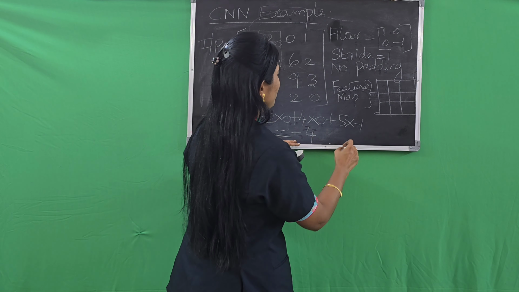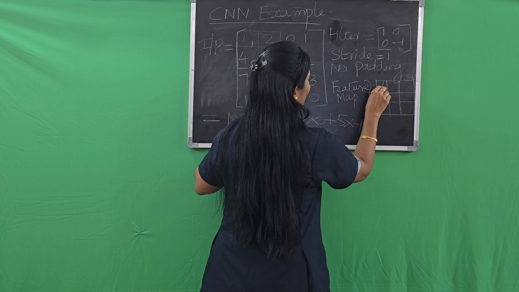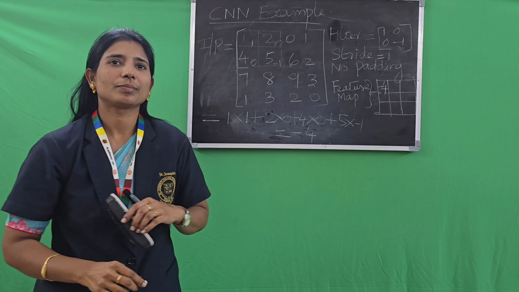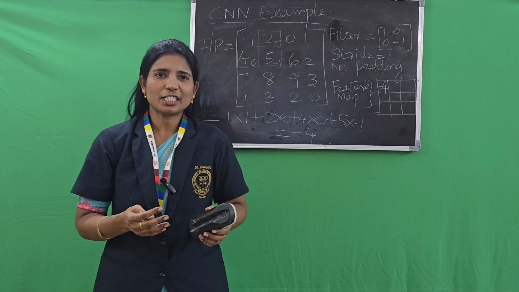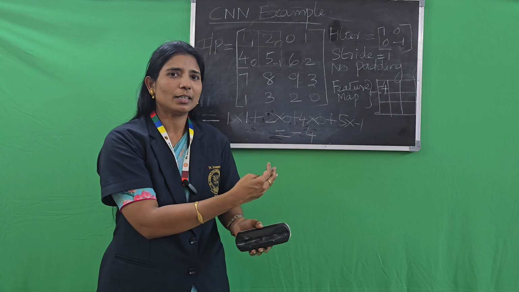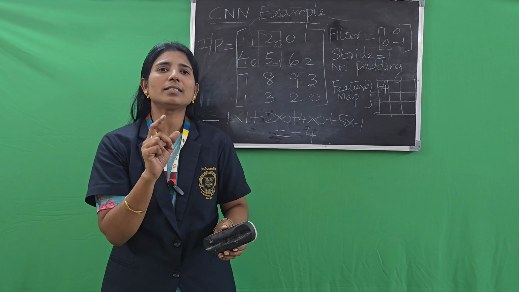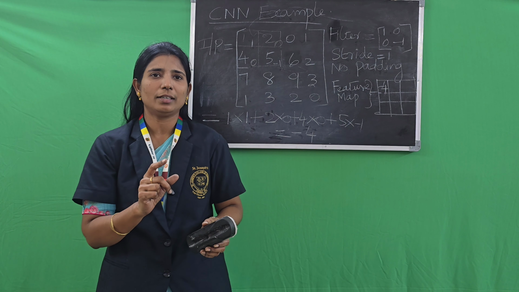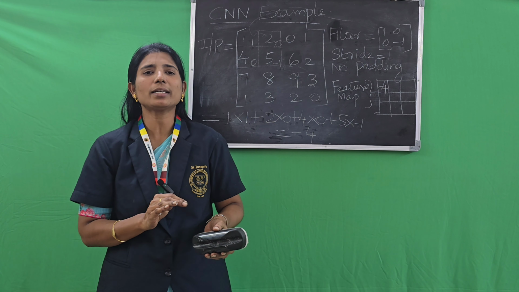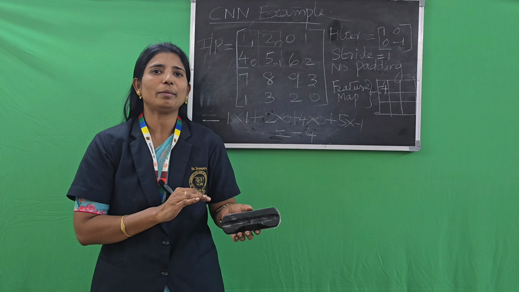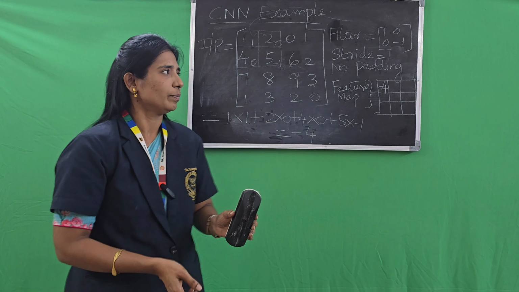So this result will be stored in the feature map. Then we can shift the kernel to the right by 1 pixel position since stride size is 1. Then do the same dot product, sum them up, and the result will be stored in the feature map.